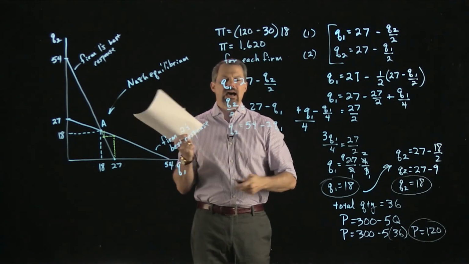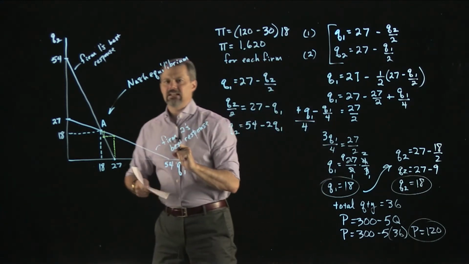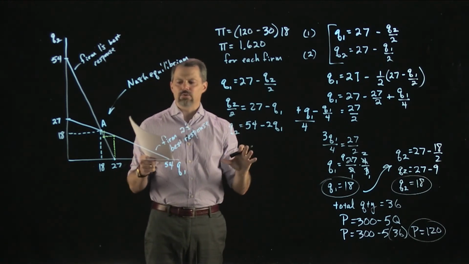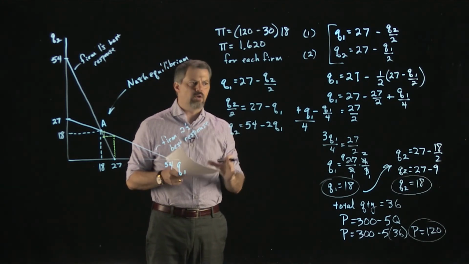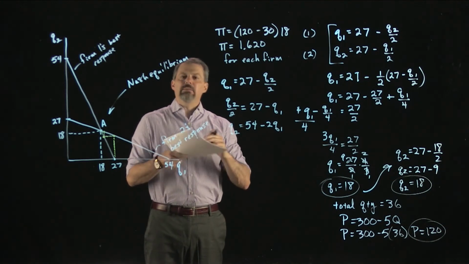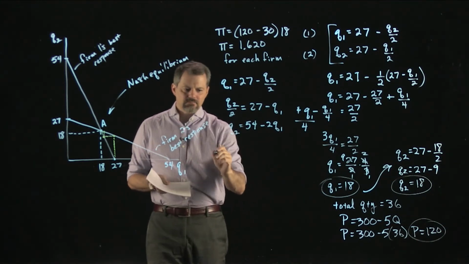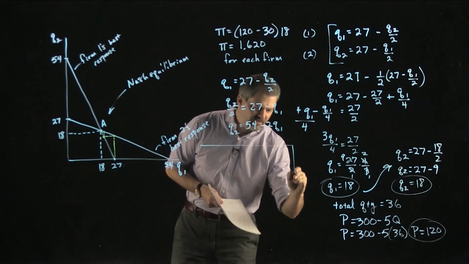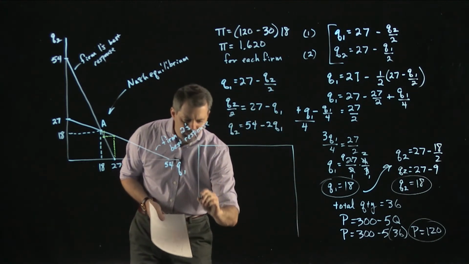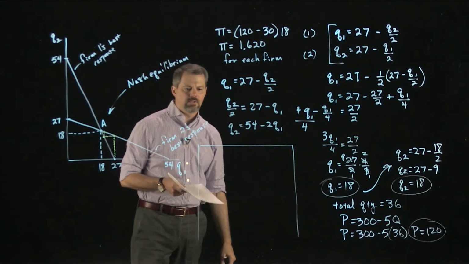Let's talk about how to get these. So if you're thinking, oh gosh, this model that we've just gone through, this Cournot competition, seems mathematically challenging, let me give you the kind of secret that will get you through any problem that I would give you.